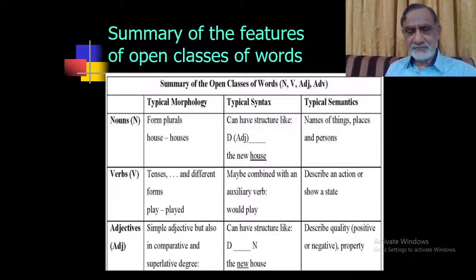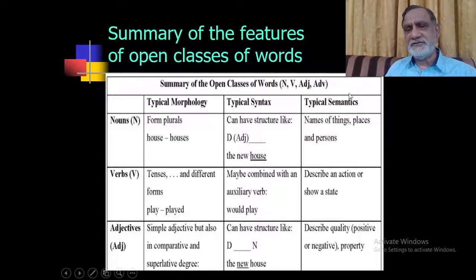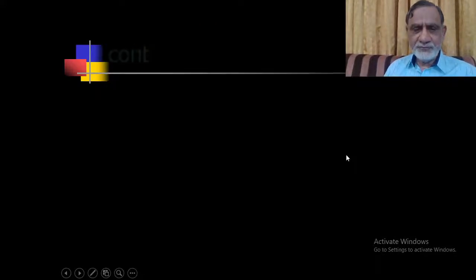From a syntax point of view, an adjective can have a structure like this one, the new house, a determiner plus the noun. Adjectives describe quality, a positive or negative property. This is from a semantic point of view.